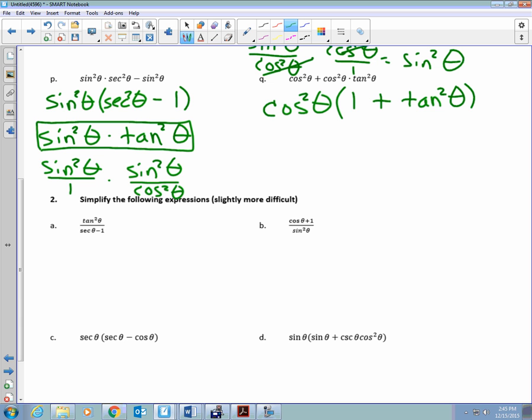Cosine squared. If you didn't put the 1 there, how would you come up with the cosine squared? Okay, so as you distribute, cosine squared times 1 is cosine squared. Cosine squared times tangent squared is cosine squared tangent squared. If you didn't put that 1 there, how would you come back up with that cosine squared? You wouldn't. So it has to be there.